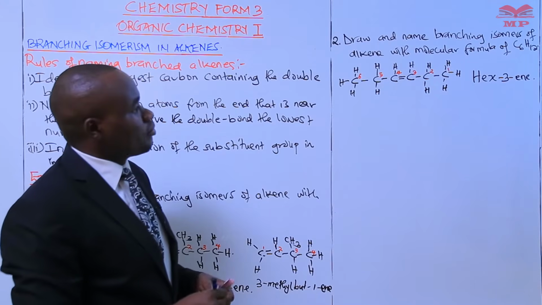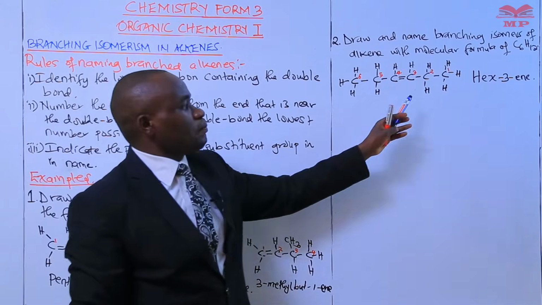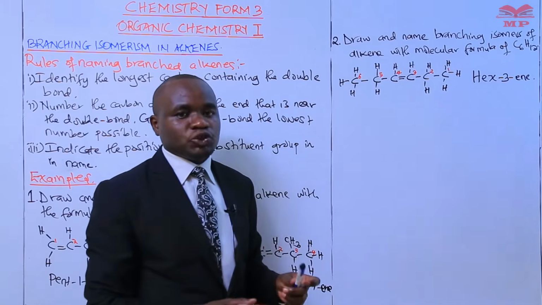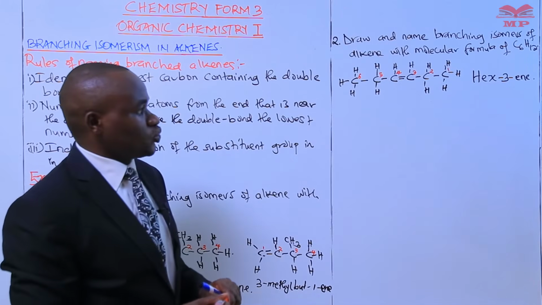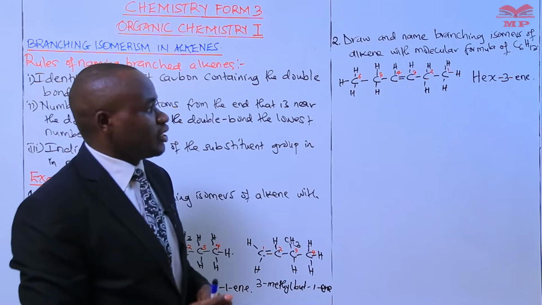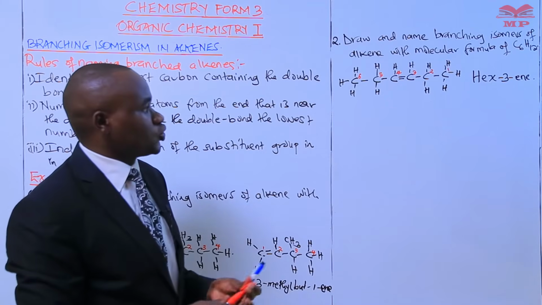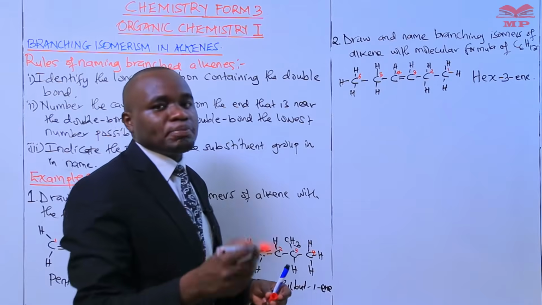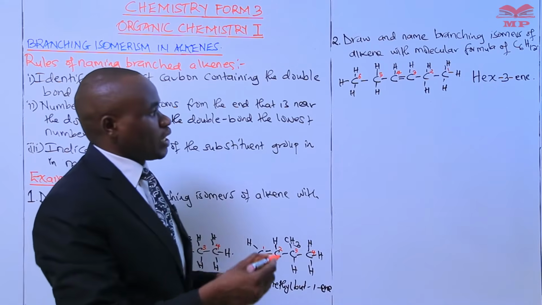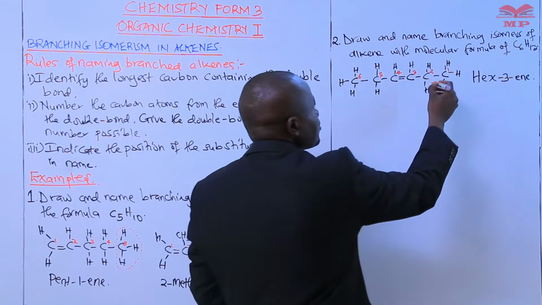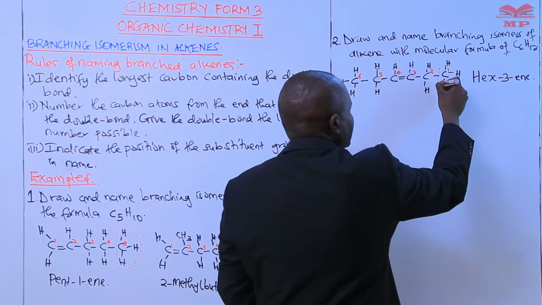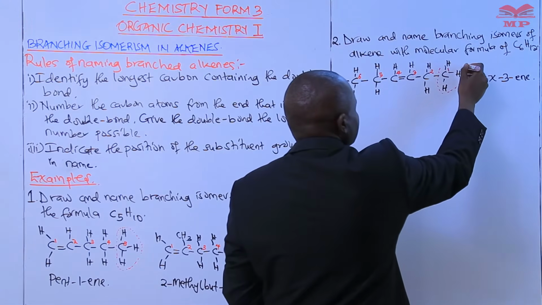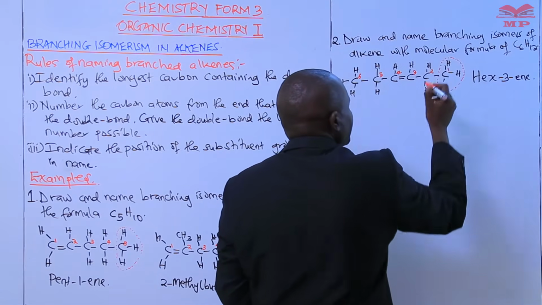We can form other isomers from this by simply forming substituent groups. Those substituent groups can be obtained from the carbon atoms on the extreme ends. You form methyl groups and replace with any middle carbon atom. For example, I can pick this one here. You replace.